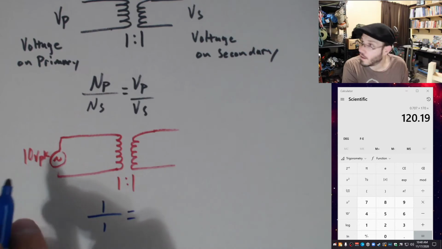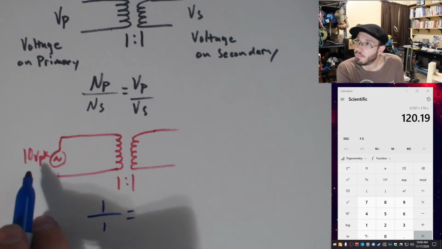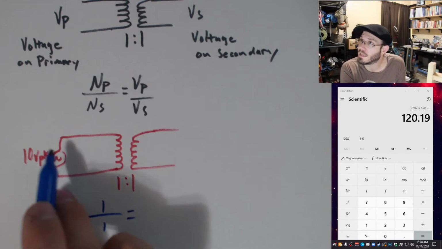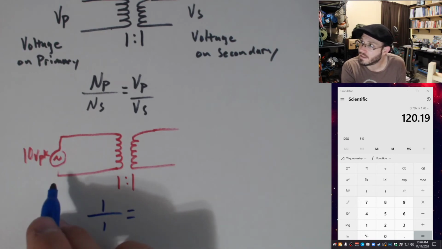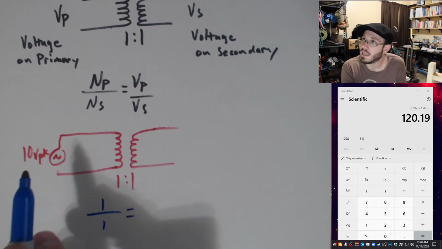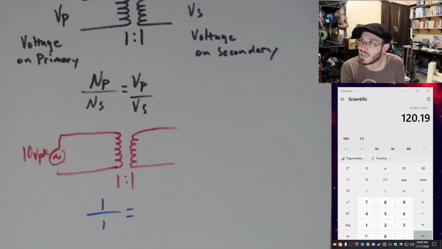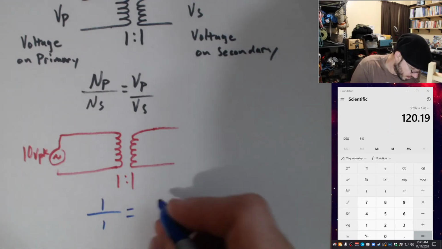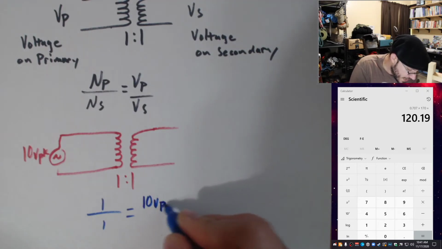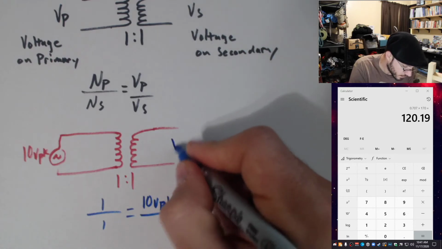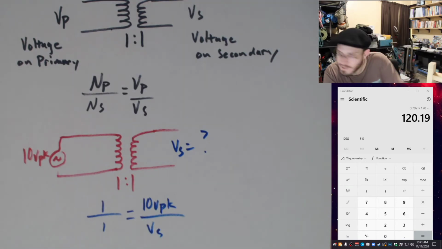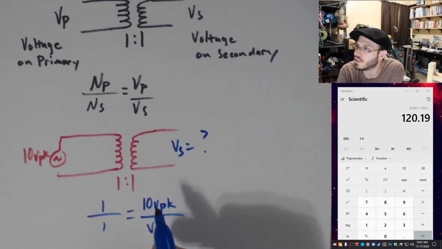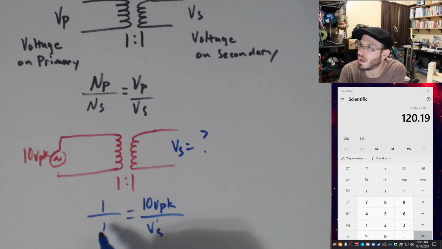The voltage on the primary is 10 volts peak. Very important to maintain your units as far as what type of voltage we are specifying: peak to peak, RMS, or just peak voltage. If I'm talking about a peak voltage, the easiest is for me to just keep it the same. Voltage on the primary is 10 volts peak. Well, what's the voltage on the secondary equal? Just cross multiply. 10 volts peak times 1 is 10, divided by 1 gives me 10.